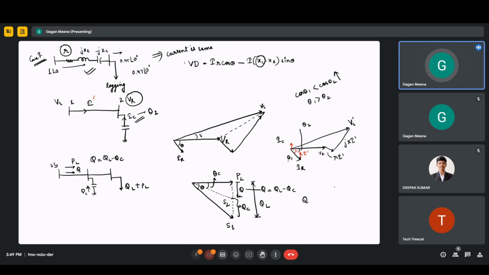So PL is the same in both the cases. Can you tell what is QL in terms of PL and theta? How much is QL by PL? Yes, Deepak.